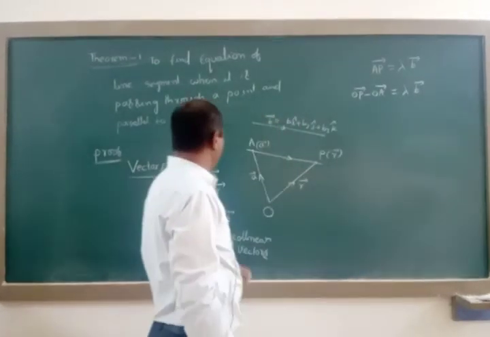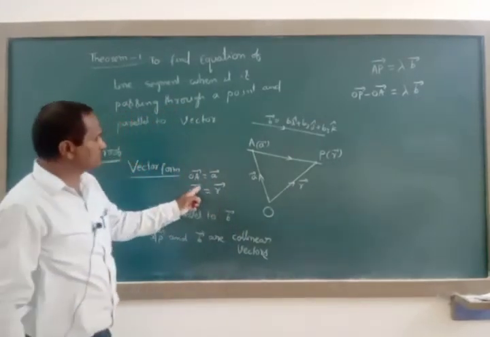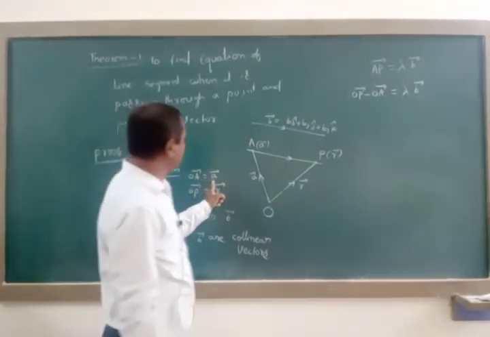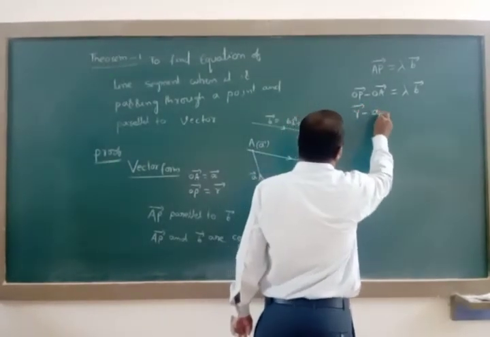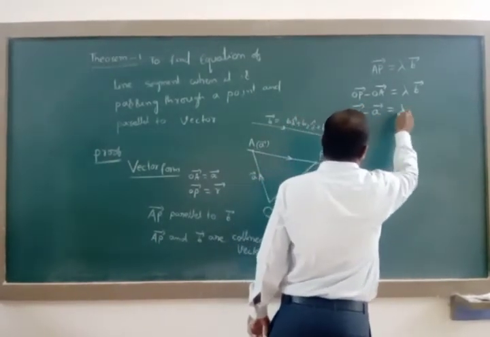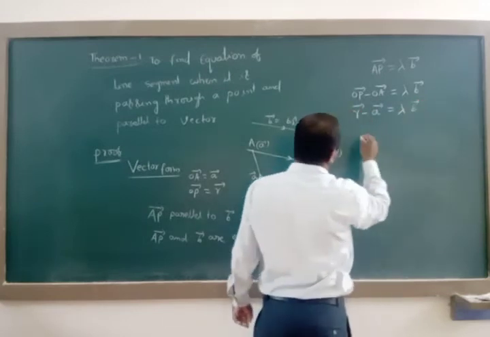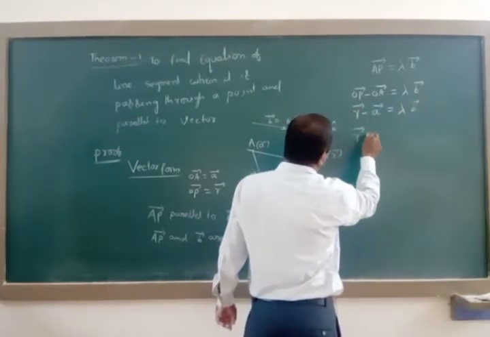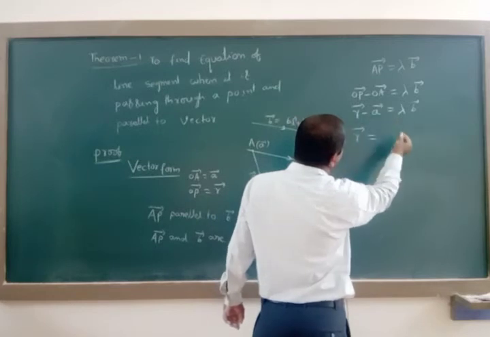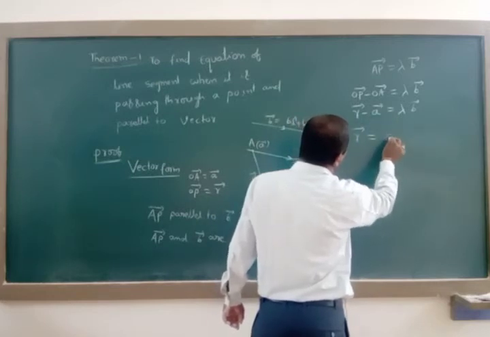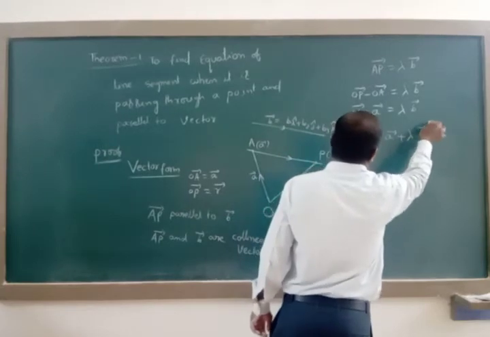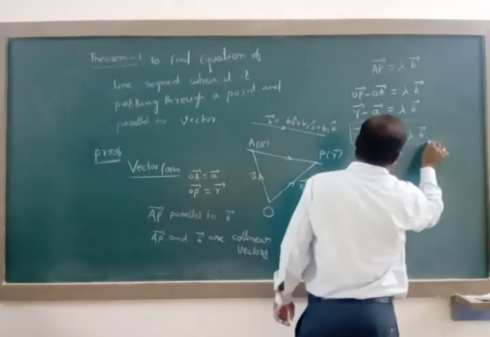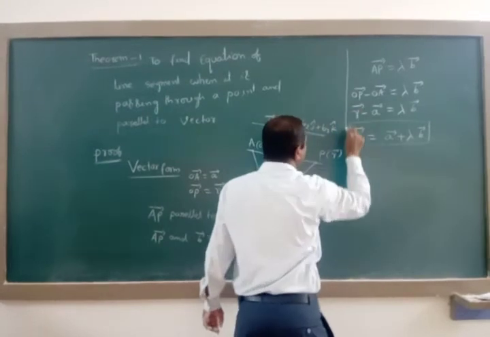Already, instead of OP we considered R vector and instead of OA we considered A vector. So R vector minus A vector is equal to lambda into B vector. That is, R vector is equal to, sending minus to the other side it becomes positive, A vector plus lambda into B vector, which is the vector form of the equation of the line.